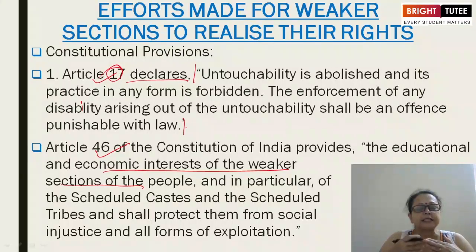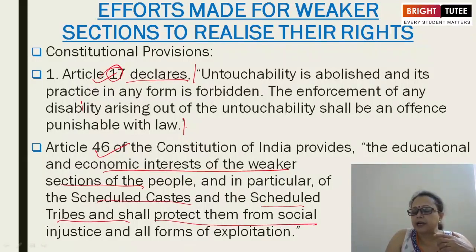In the 46th article of the Constitution, it provides for the educational and economic interest of the weaker sections of the people, and in particular of scheduled castes and scheduled tribes, and shall protect them from social injustice and all forms of exploitation. Long back in history, they were discriminated against.